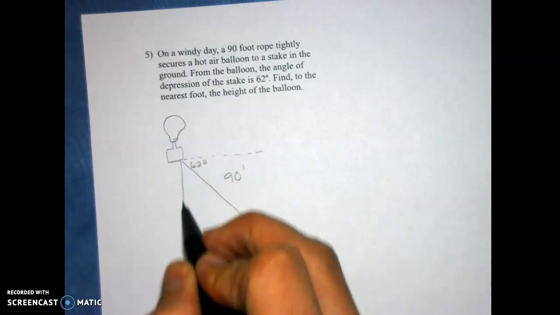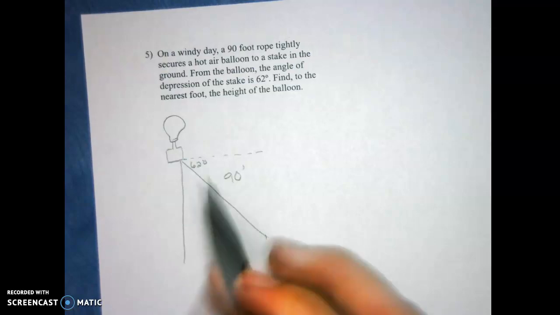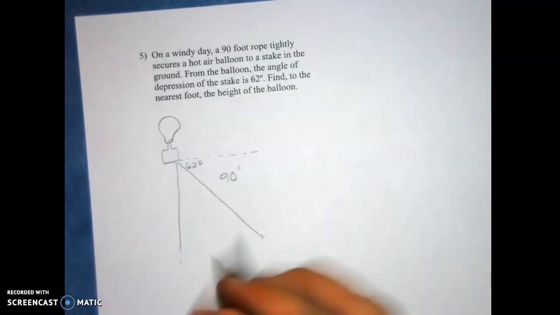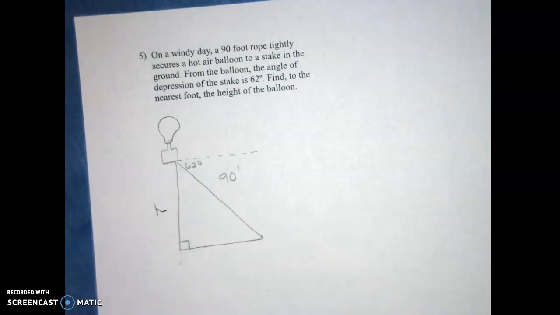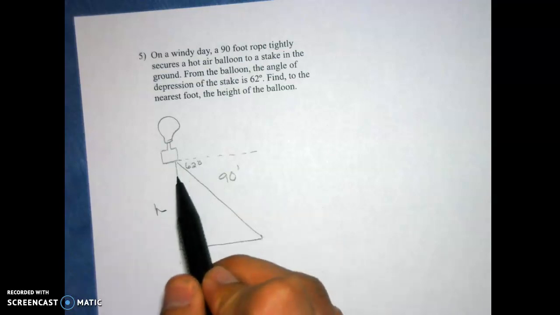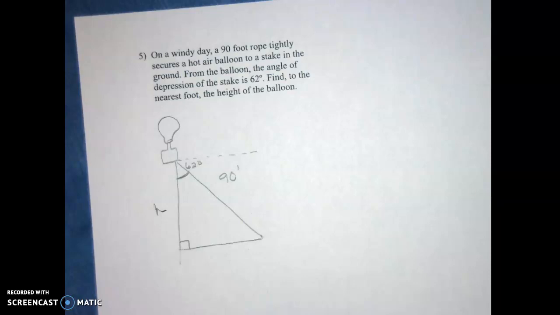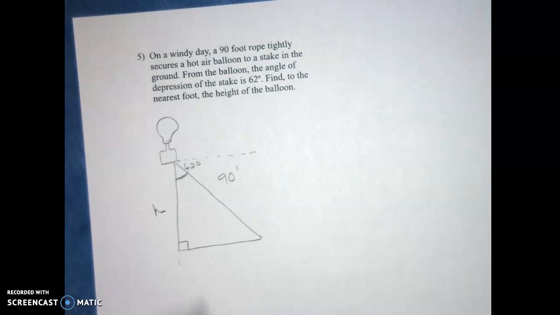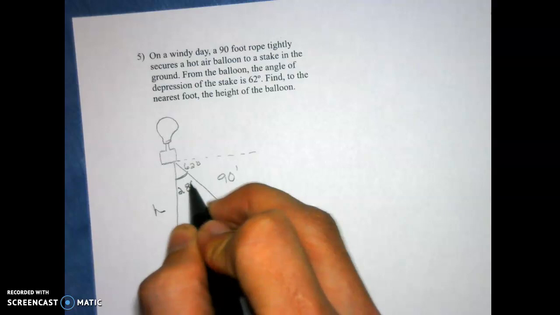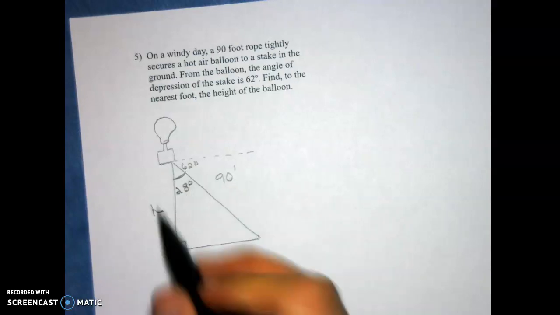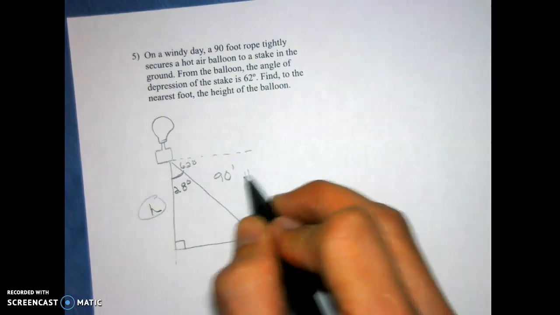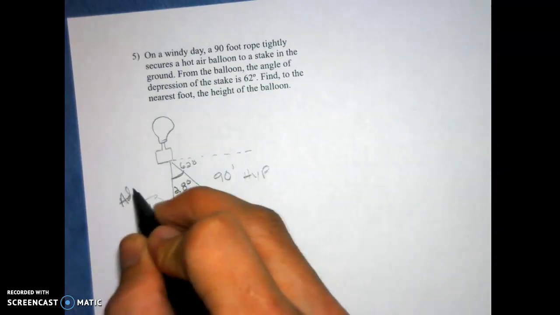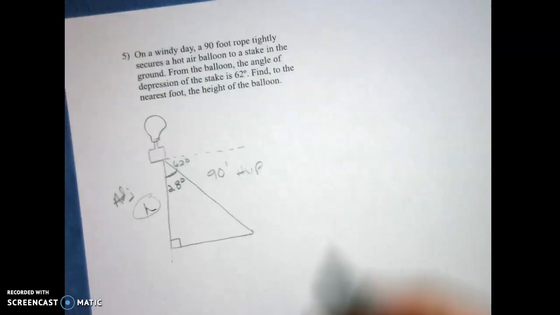Okay, so this is going to be our height right there. Here's our right triangle. This is what we're trying to find right there. Well, 62 degrees there really doesn't help us. We want this angle right here. So I'm going to take 90, subtract 62. We get 28 degrees. Okay, now we want to find h. Well, according to this angle, this is our hypotenuse. This is our adjacent. So we're going to use cosine.